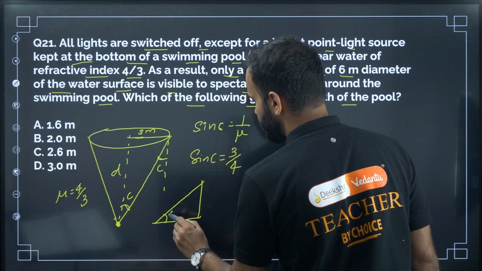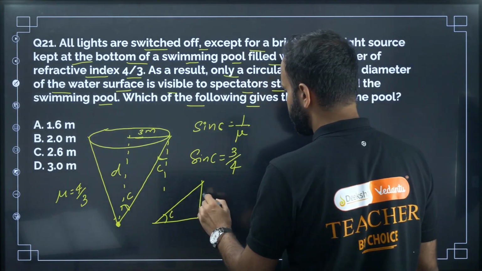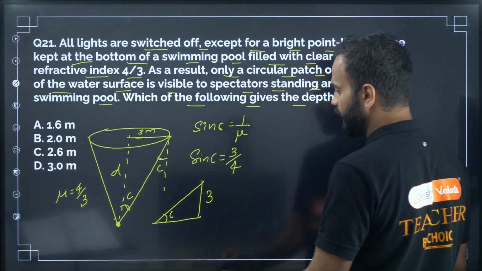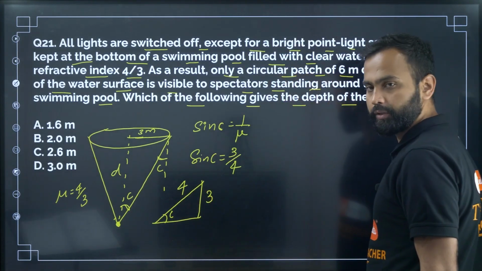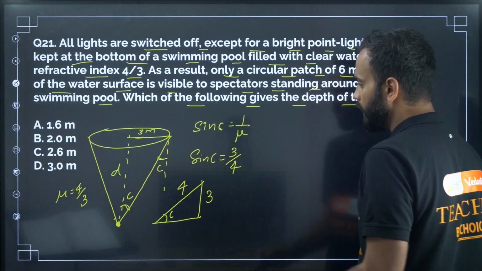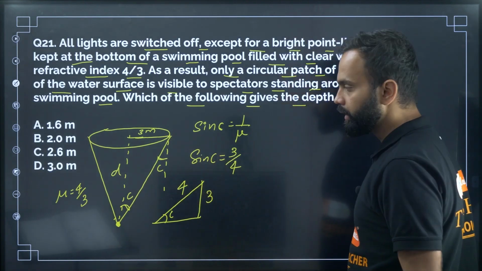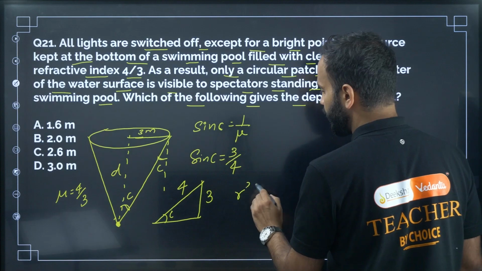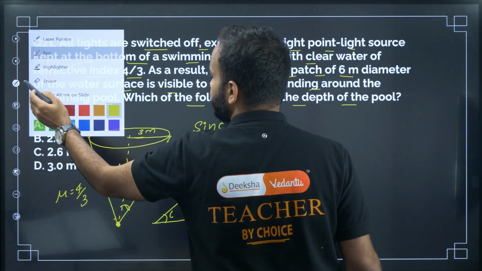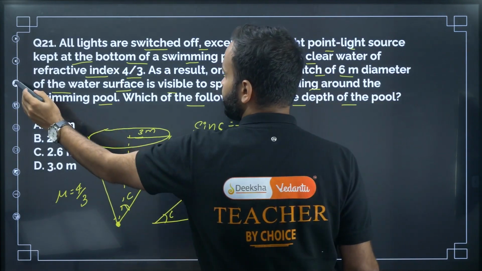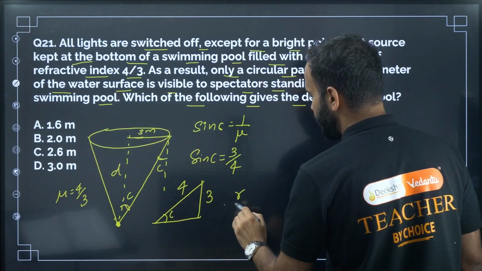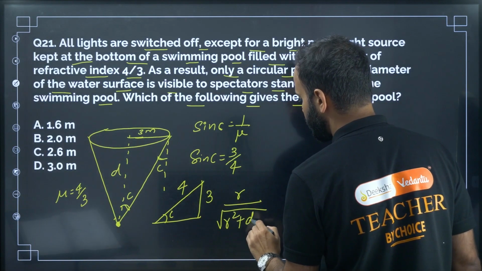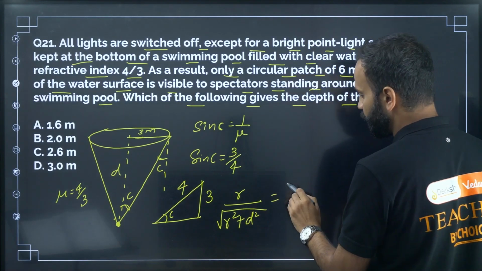This is C. Here height is 3 and the hypotenuse is 4. So now sin C is equal to r divided by hypotenuse, which is r divided by square root of r square plus d square, which is equal to 3 by 4.